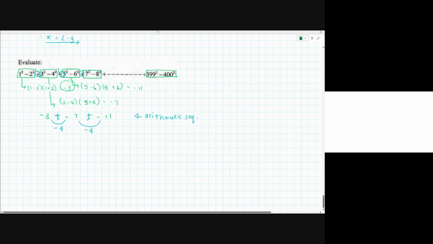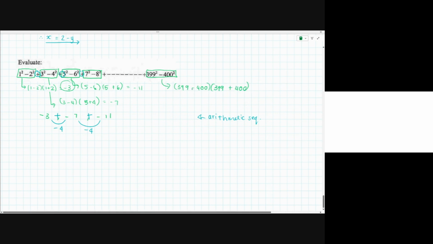So the question said evaluate, which means find the sum of. Now, the problem is I don't know yet how many terms I'm adding or subtracting. So we do need to work out this final bracket over here. So we'd have to find whatever 399 minus 400 times 399 plus 400 is.